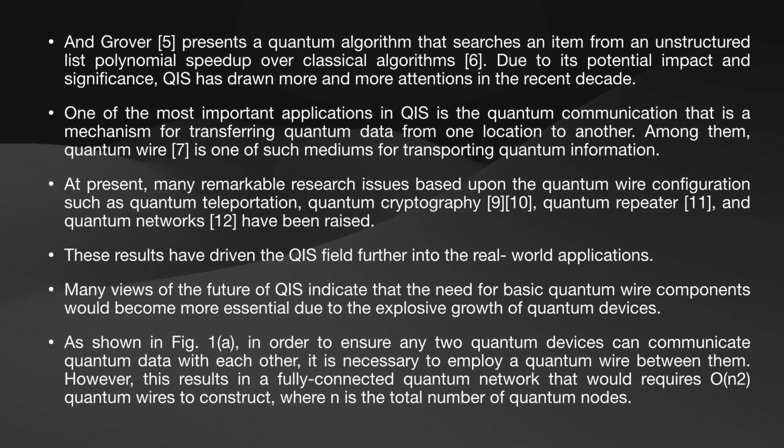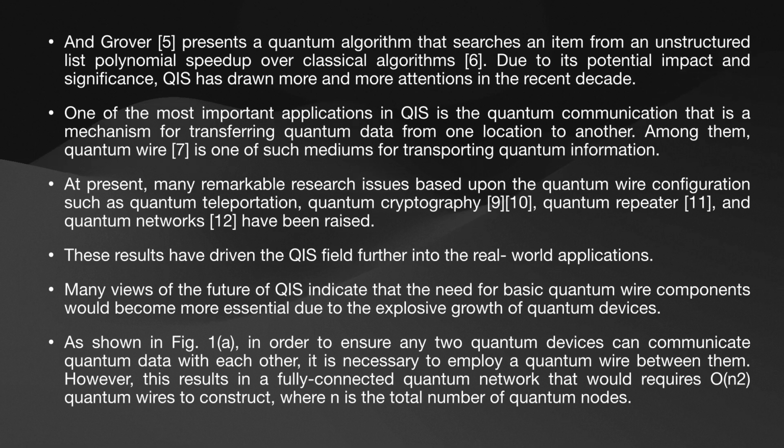And Grover presents a quantum algorithm that searches an element in an unstructured list with polynomial speedup over classical algorithms. Due to its potential impact and significance, QIS has drawn more and more attention in the recent decade.